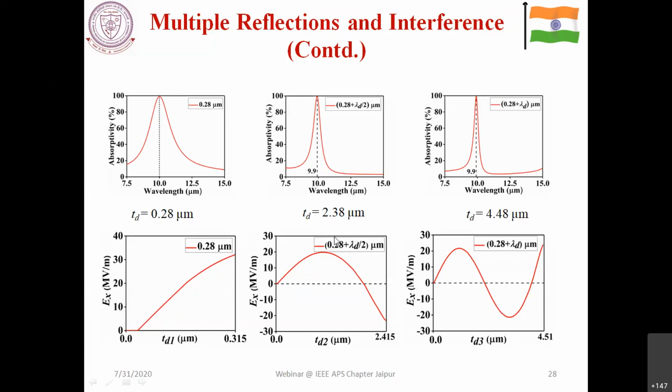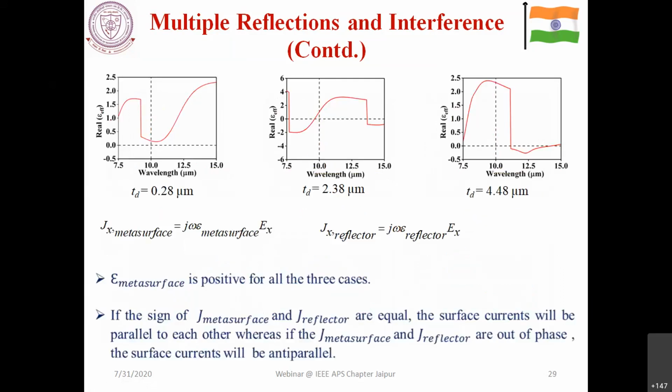So at the two sides, the two Ex values are carrying the same sign, here the two Ex values are carrying opposite signs, and again here the two Ex values are carrying the same sign. Okay. So if you want to compute the surface currents at the metasurface, that means at the top surface and at the reflector end, you can write in this particular form for a harmonic wave, or if the wave is time harmonic in nature.